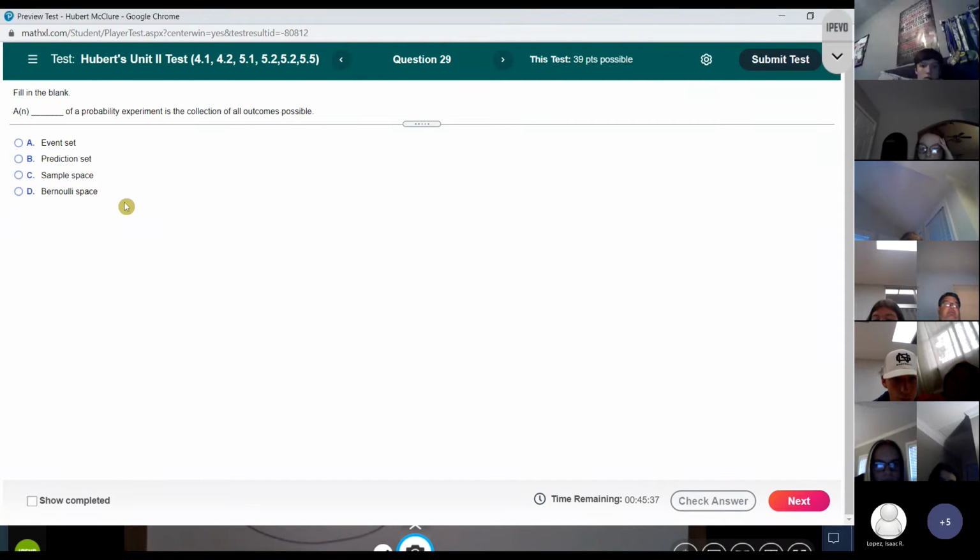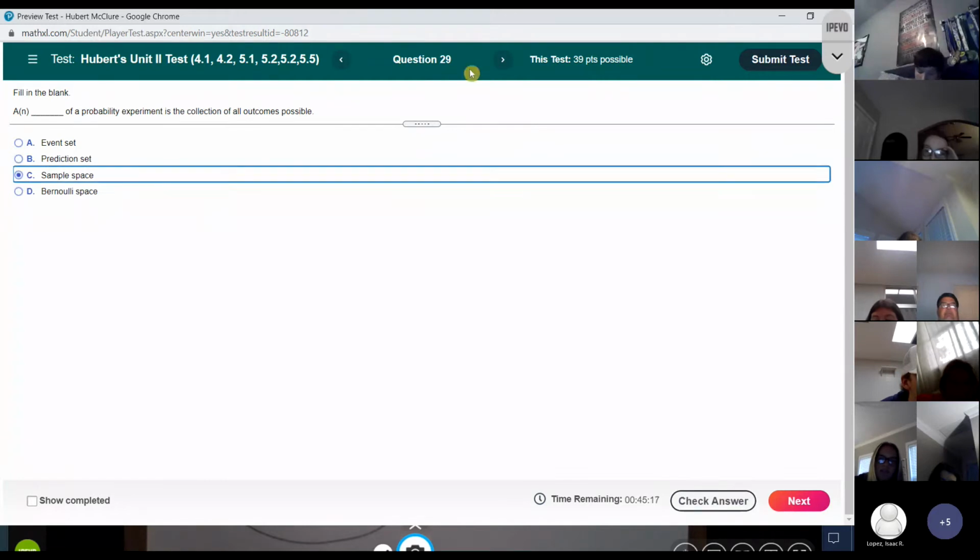You talked about that 2 or 3 times in class. You talked about prediction set 2 or 3 times in class. You talked about event set 2 or 3 times in class. So it's got to be one of those 3, right? Which one did I talk about in class? C. Sample space. Sample space. Thank you.